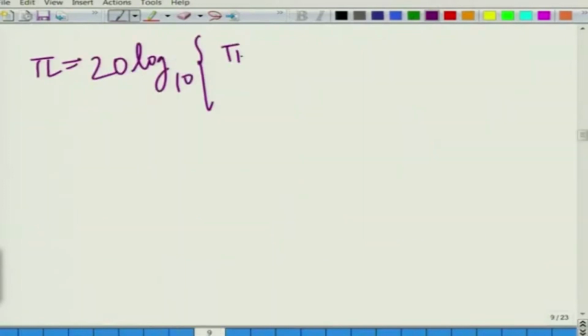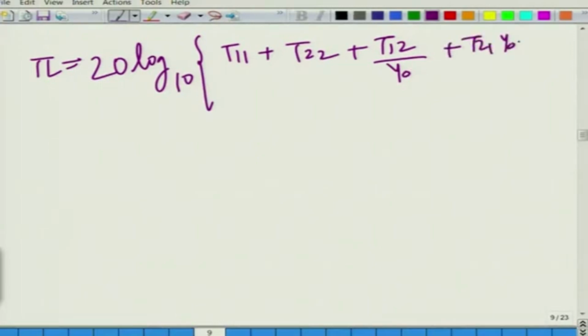So, you get basically T11 plus T22 plus T12 by y naught and T21 into y naught, and what you get is 2.